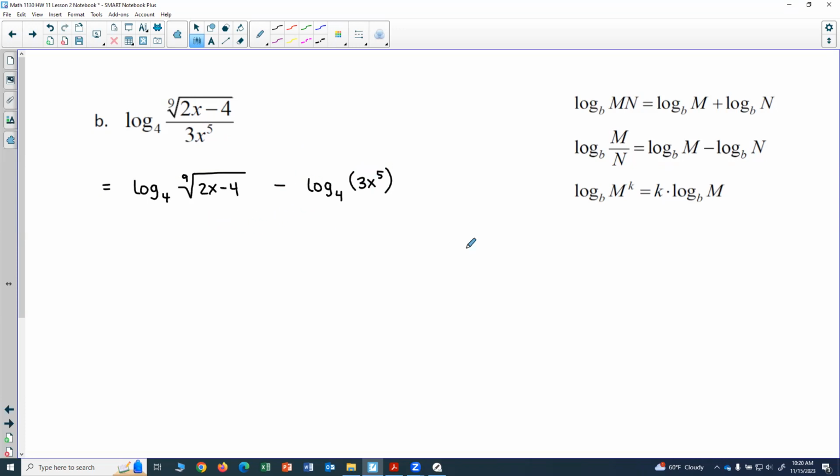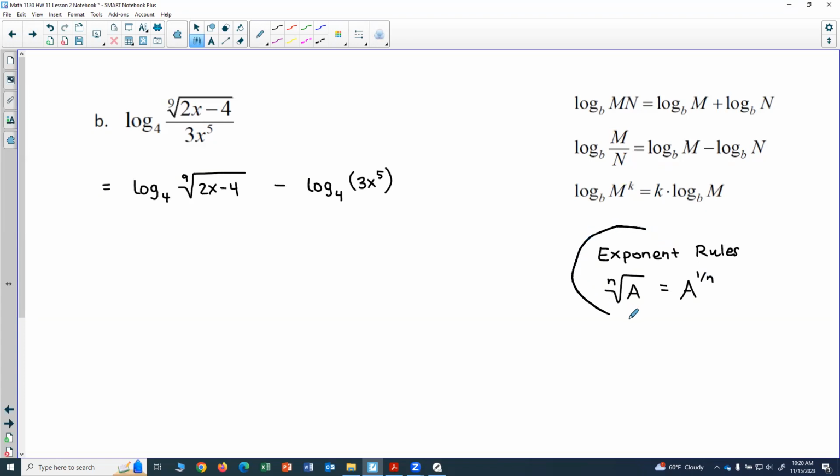All right, so now I want to use exponent rules. I'm going to think back to the beginning of the class when we did exponent rules. We have an exponent rule that says that if you have the nth root of something, so I'll just say the nth root of expression capital A, that is the same as A to the 1 over n power.